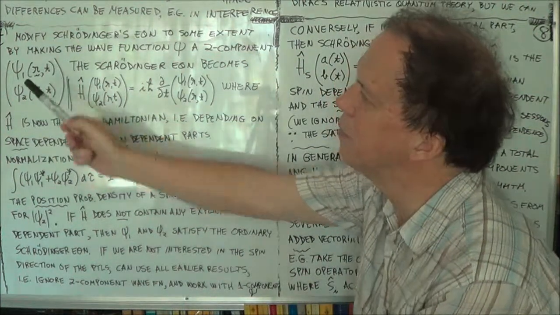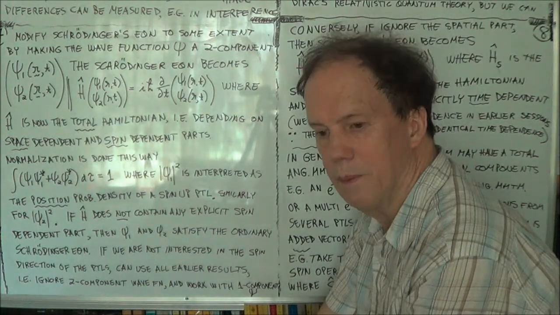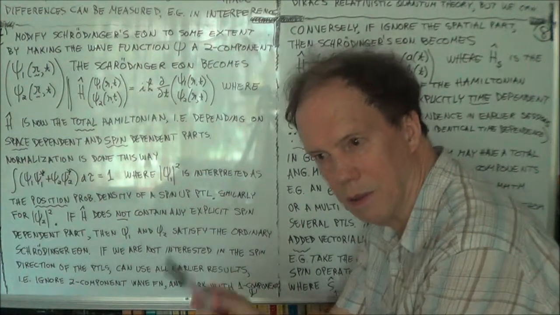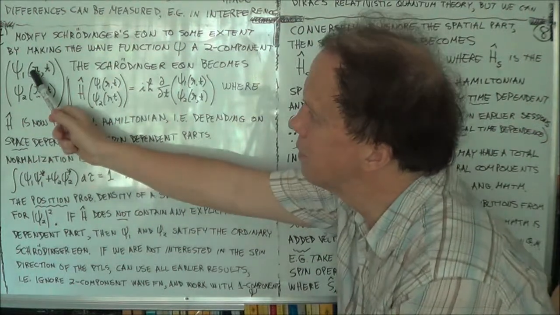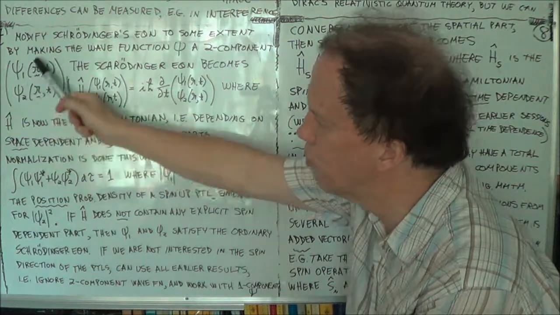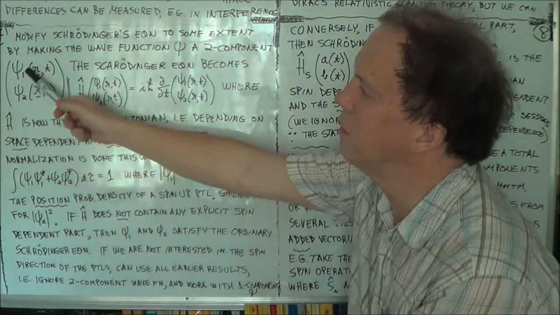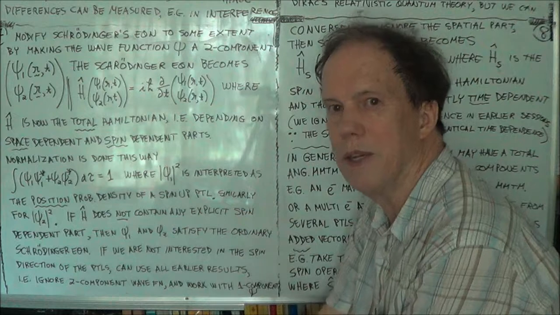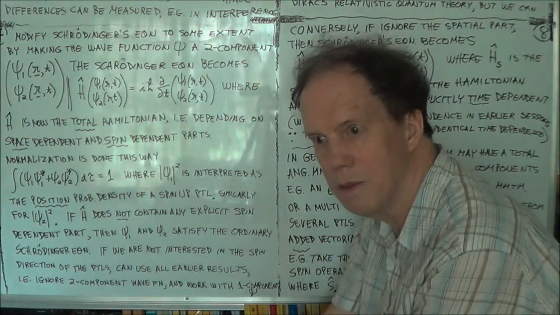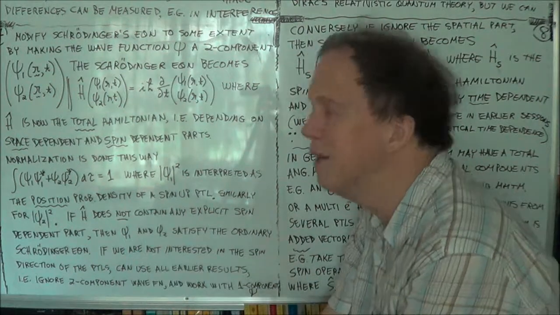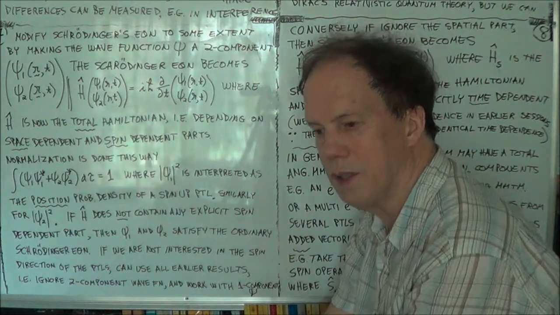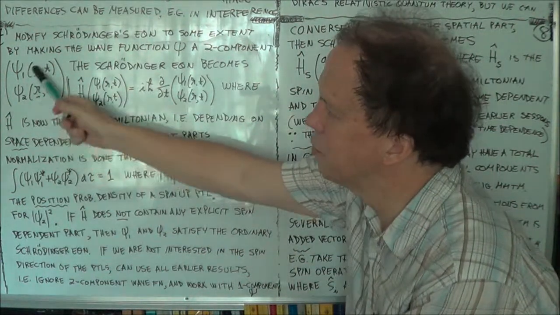Well, it's similar to the spin vector, which is a 2x1 matrix, a column vector. This component would be relevant to the spin up. Remember, when you're talking about spin, there are only two eigenfunctions, spin up or spin down. So it makes a certain amount of sense to talk about the wave function of a spin particle as having two components like this.